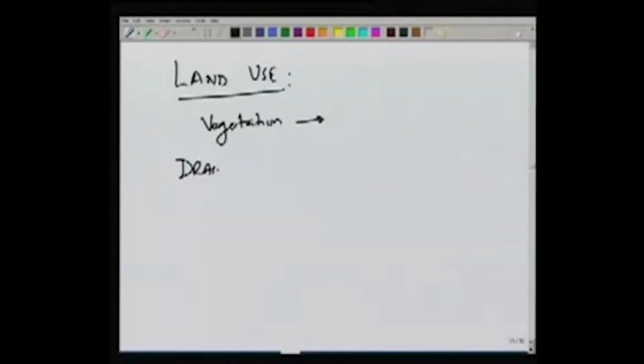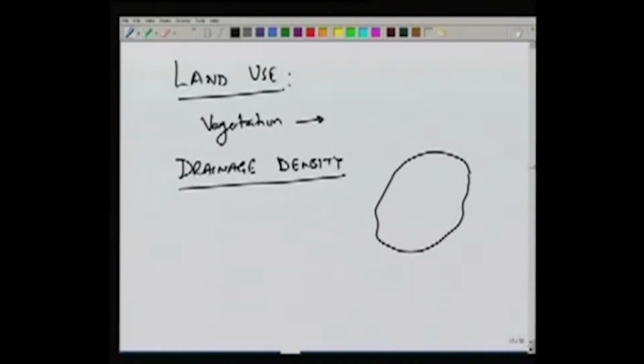Drainage density is another important parameter which affects the hydrograph. By drainage density, we mean the length of channel in the catchment area, and this is the channel network which includes all the tributaries also.